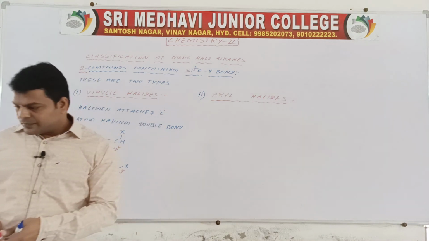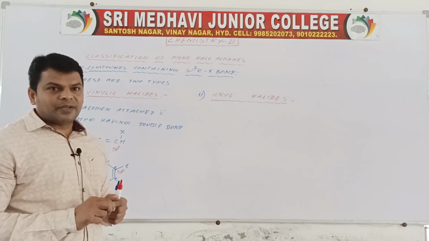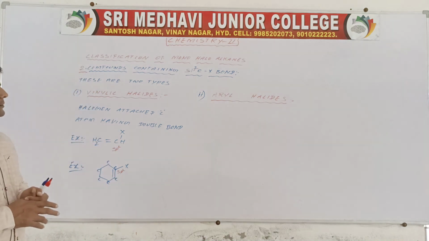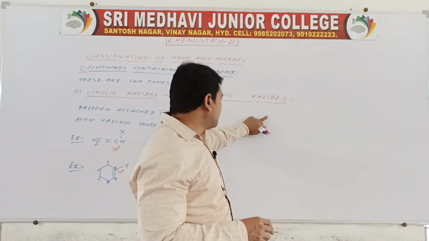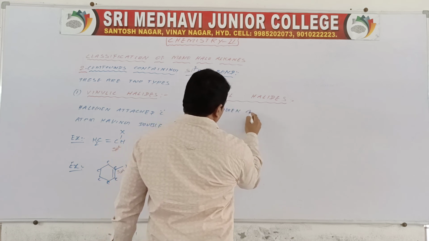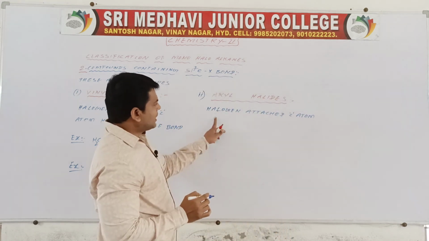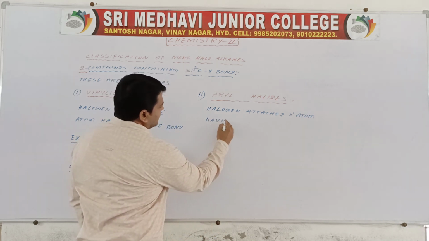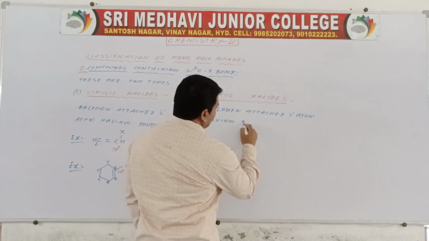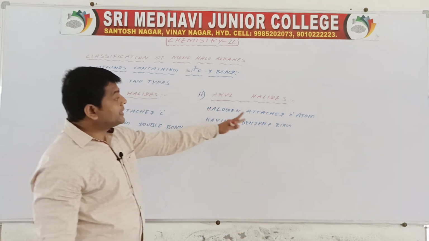Next, aryl halides. Aryl halides means the halogen attached carbon atom is part of a benzene ring.